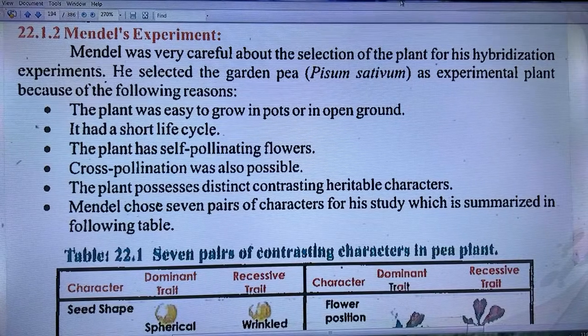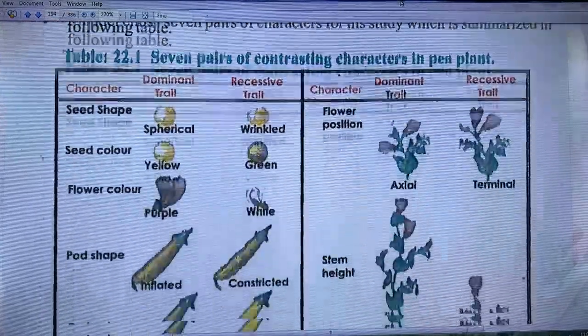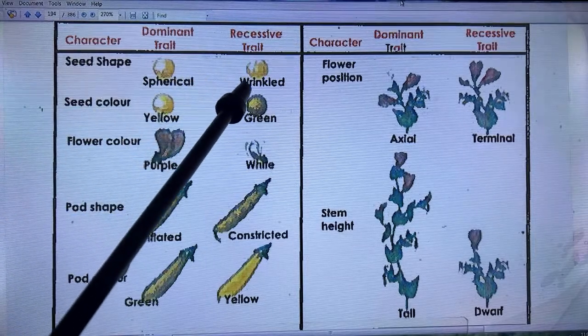Mendel chose 7 pairs of characters for study, which is summarized in the following table. Character, dominant trait, recessive trait. Seed shape, spherical, wrinkled.